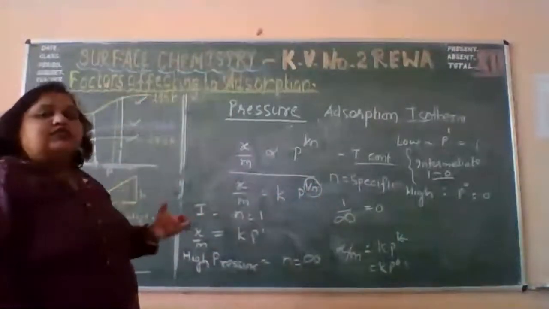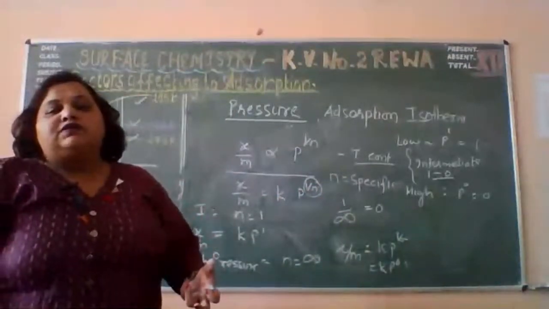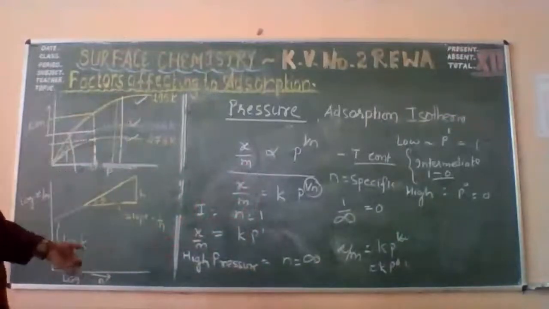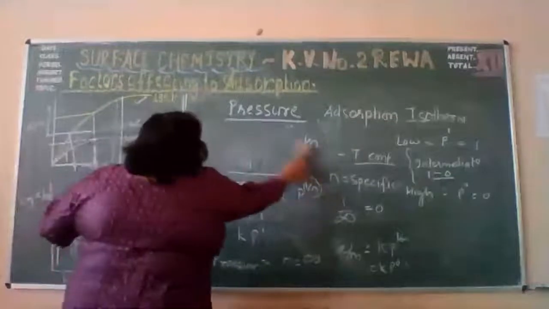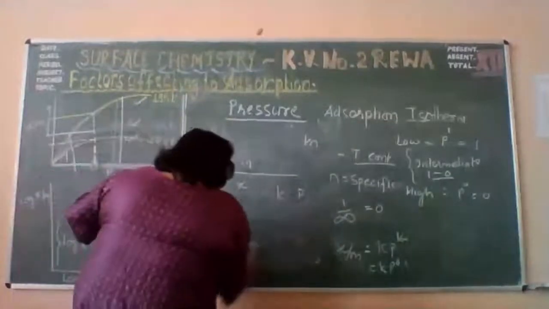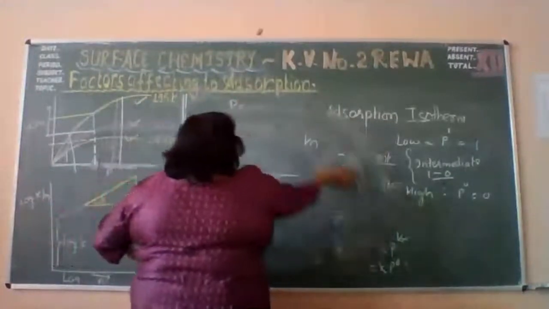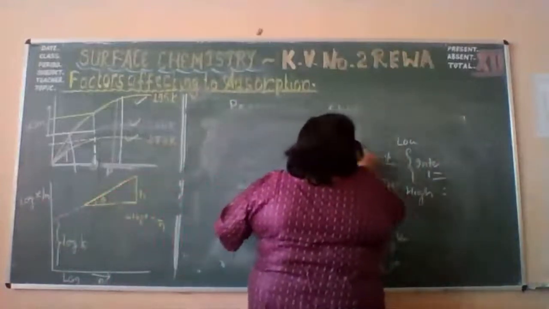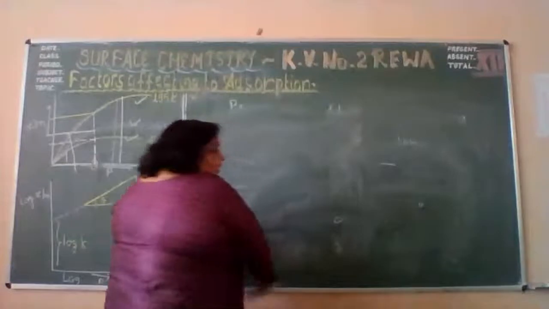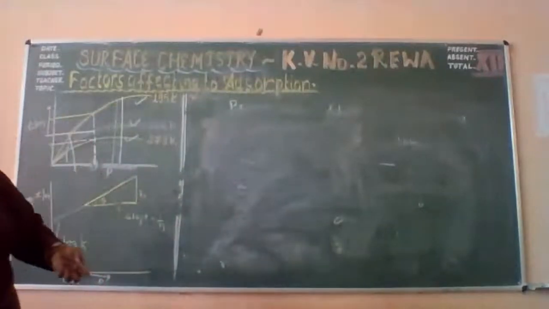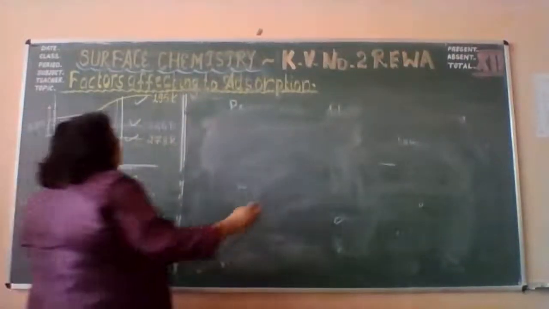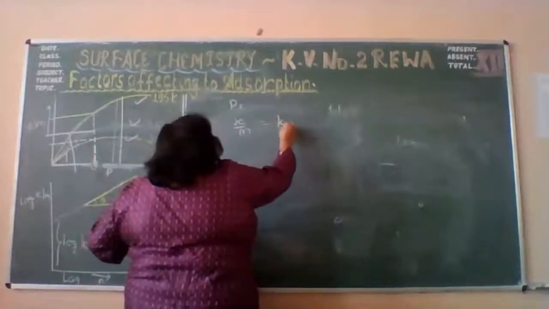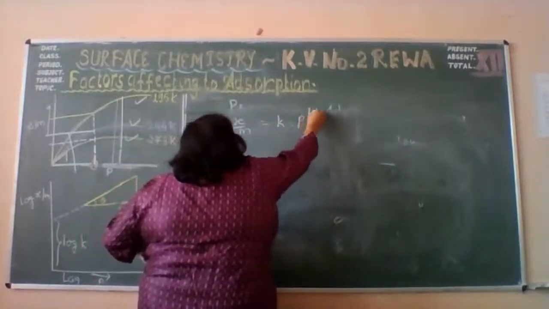Good. Can we go for an experimental verification of this? We must go. Please just find out the logarithm. Right, the basic equation, x upon m is equal to k p to the power 1 by n.